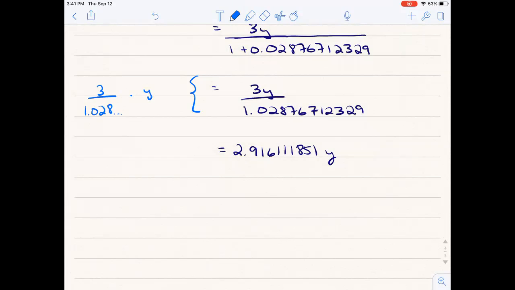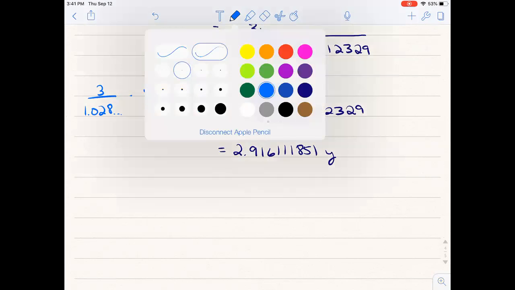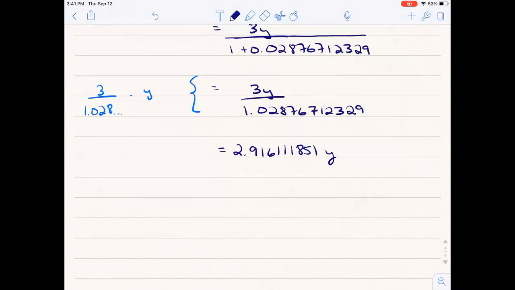That's still legal, because then I can put y to the side, simplify 3 over 1.028 to one number, and then multiply it by y again. So we can do that. All right. Any other questions about that one?